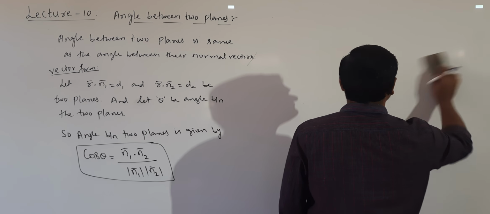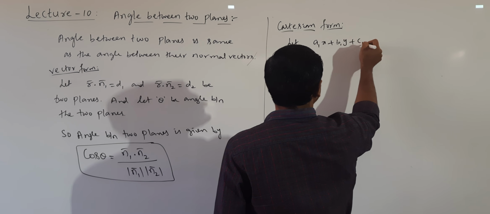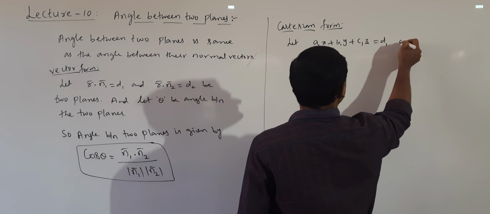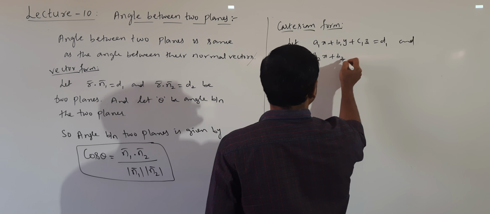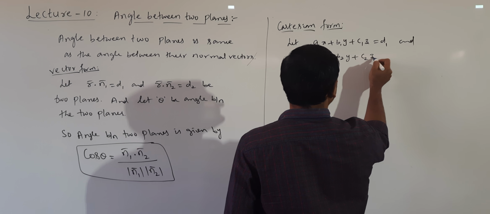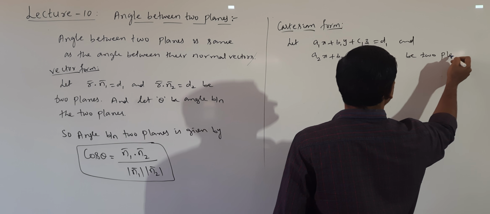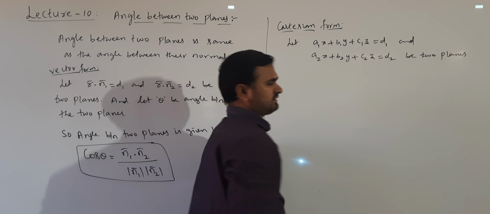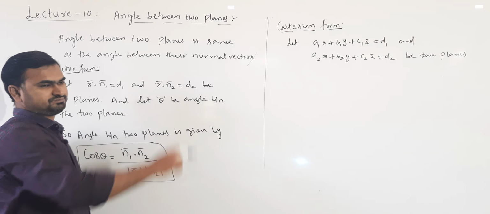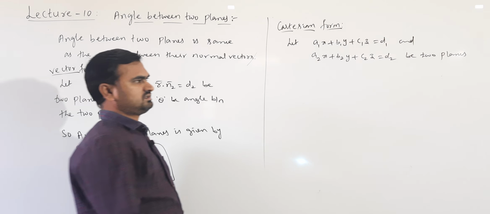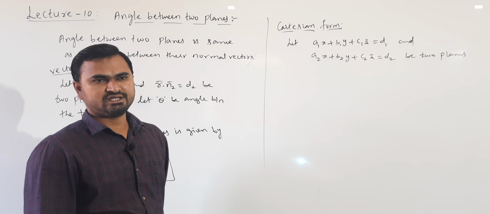Let a1x plus b1y plus c1z equals d1 and a2x plus b2y plus c2z equals d2 be two planes. Now what are n1 bar and n2 bar in Cartesian form? n1 bar is a normal vector to the first plane with the DRs.